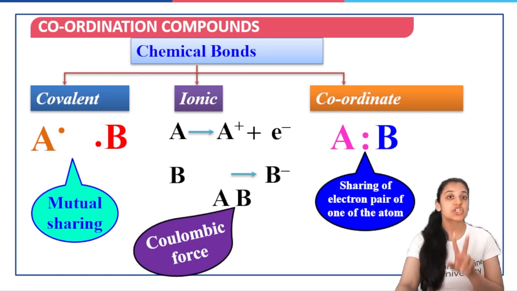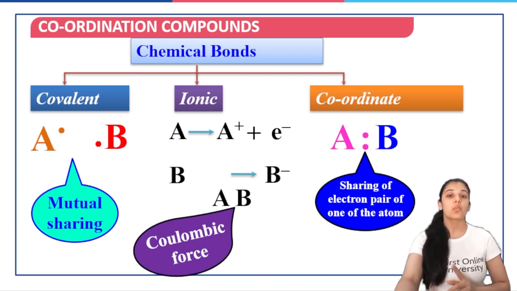There is a sharing, but no ionization or formation of ions taking place, and the sharing is not mutual. So sharing of an electron pair from one of the atoms only will result in the formation of a coordinate bond.